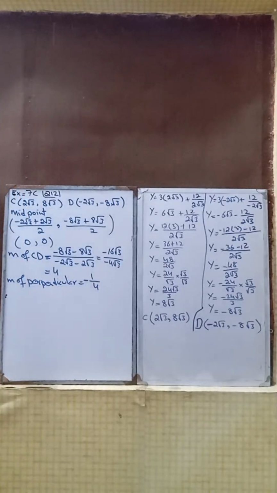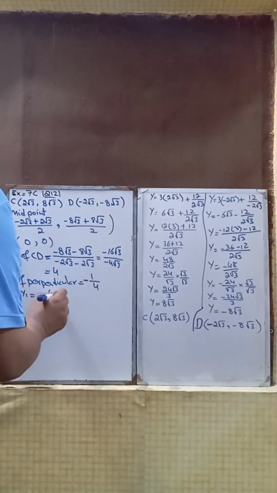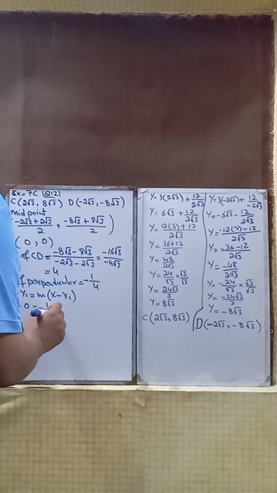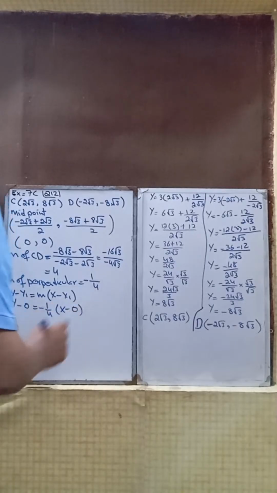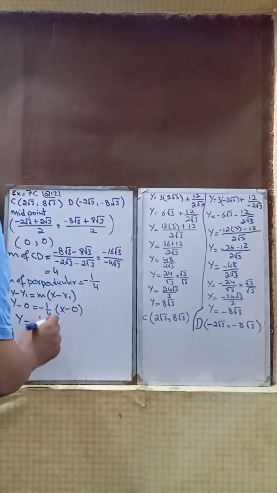Okay. Now I can use the midpoint and the gradient to find the equation of the perpendicular bisector. So that will be y minus y1 equals m bracket x minus x1. The midpoint y is 0, so this is y equals minus 1 by 4 into x minus 0. So y equals minus 1 by 4 into x.